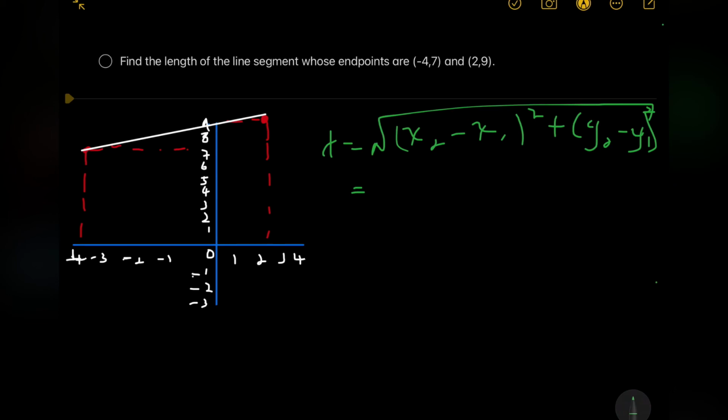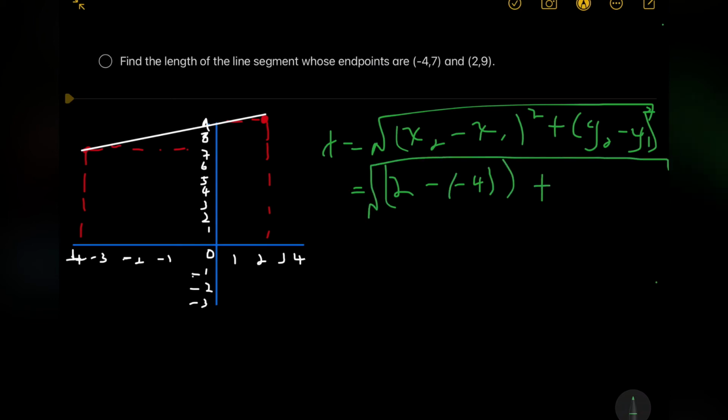x2 would be 2, x1 would be negative 4. And remember, this is under the square root. Plus y2, which is equal to 9 minus y1, which is equal to 7. This is squared.